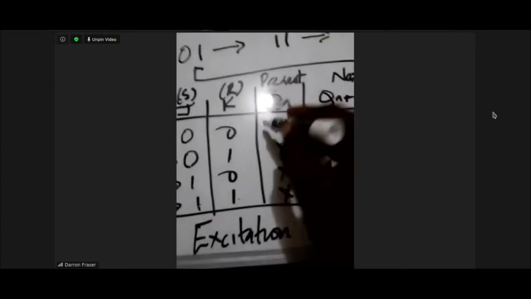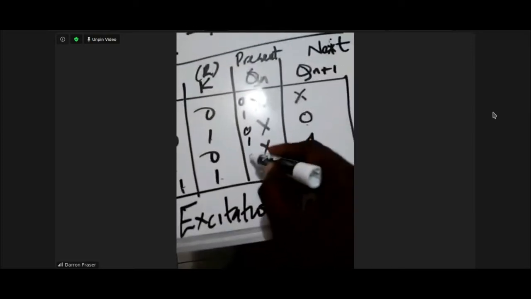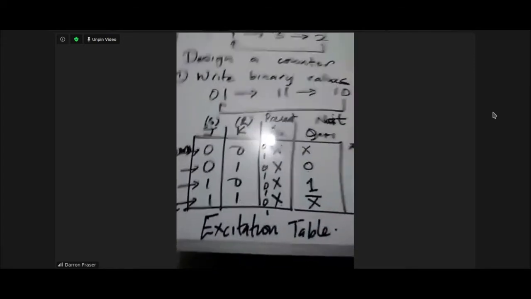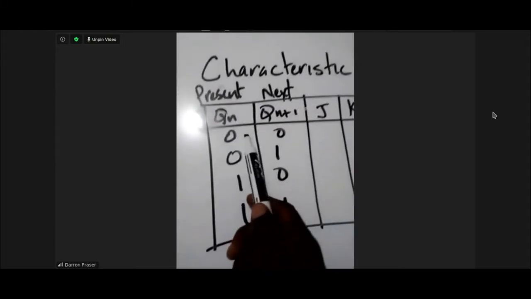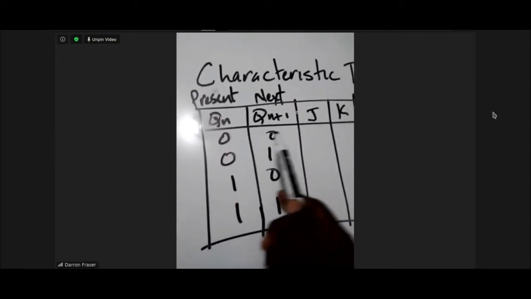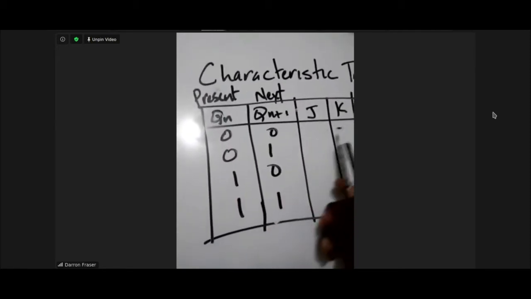So now, if we go back over here, consider this is 0, 0, 1, 0, 1, 0, 1, 0, 1. If we are presently at 0, remember now, look over here, Qn is 0, and the next state is 0. What values of J and K do we need for that?